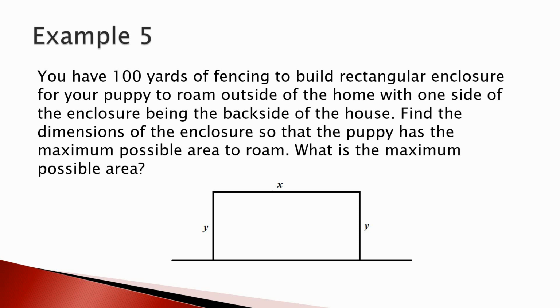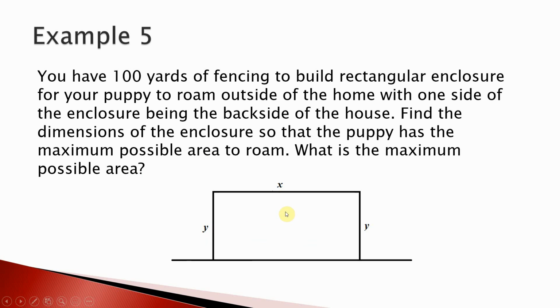So you have to find the dimensions of the enclosure so that the area here is maximum. Okay, so maximum possible area. So what we are going to do is we have to express the area of this rectangular enclosure in terms of x and y, and then convert it into a function of x or y only.